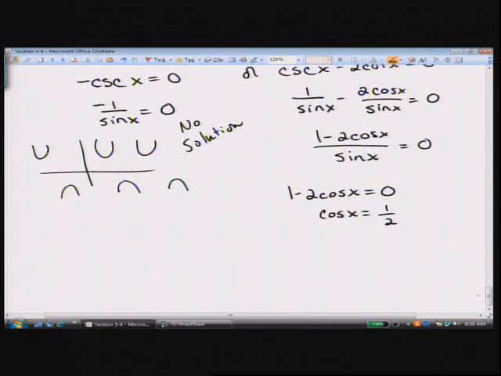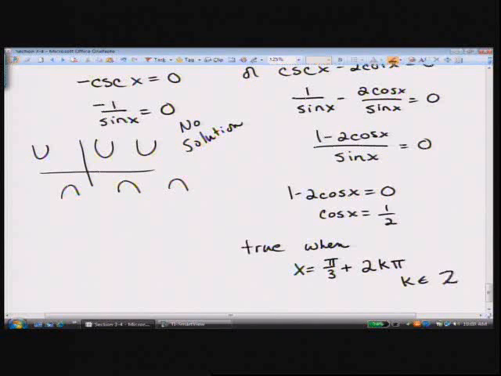And there are lots of places where the cosine of x is equal to 1/2. Do you guys remember? Can you tell me one? Good. This is true when x equals pi over 3 plus the period of the cosine, which is 2 pi. In this case, it's going to be 2k pi, where k is an integer.